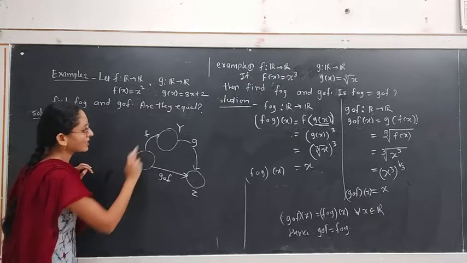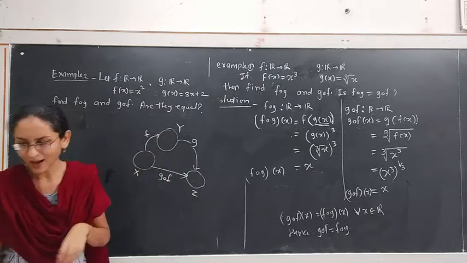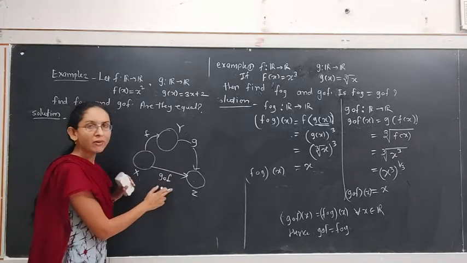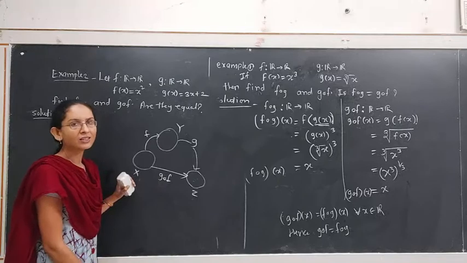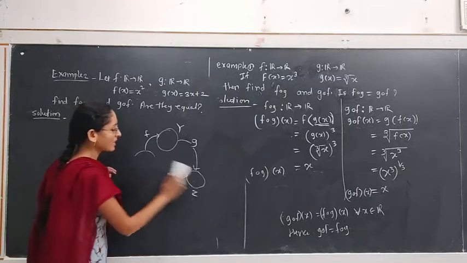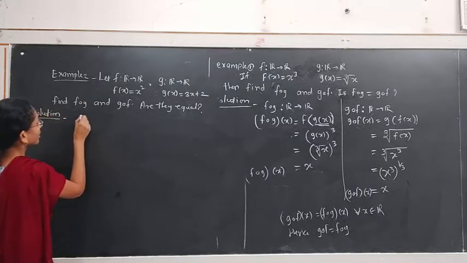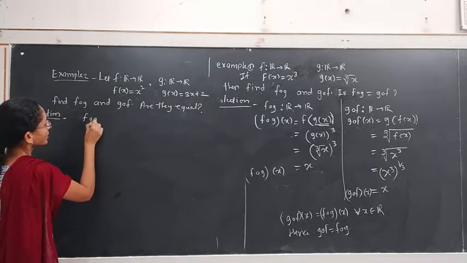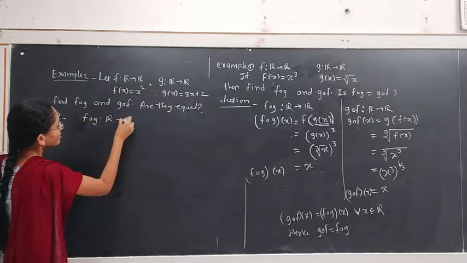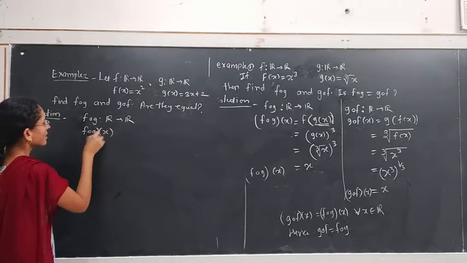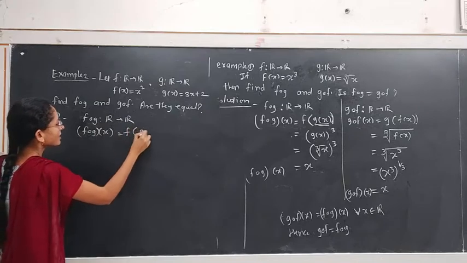Now, we have x, y and z, all sets are the set of real numbers. Hence, both the functions gof as well as fog are from the set of real numbers to the set of real numbers. f composite g is a function from reals to reals defined by fog of x is equal to f of g of x.